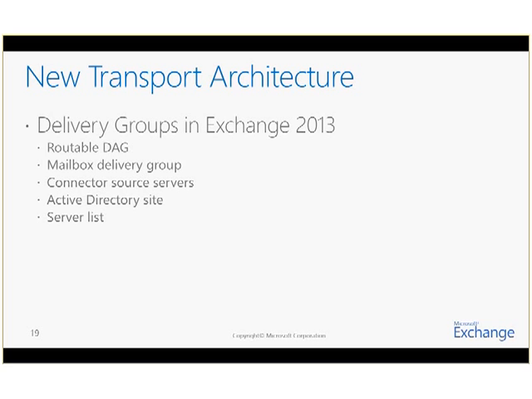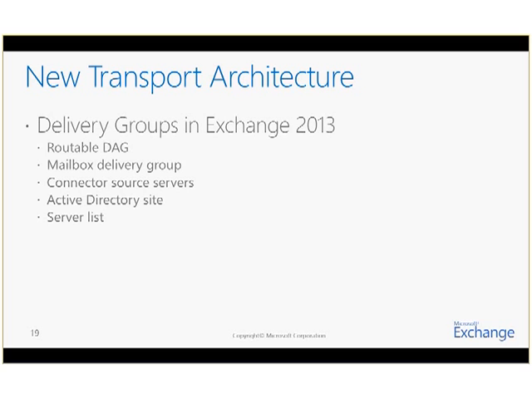Now, when the routing destination is a mailbox database, the transport servers in the delivery group are the same version of Exchange as the mailbox database. When the routing destination is a connector or distribution group expansion server, the delivery group may contain a mixture of 2013 mailbox servers and 2010 hub transport servers.